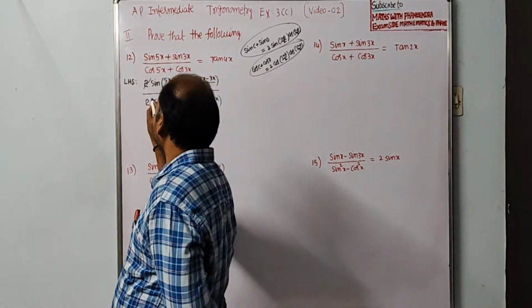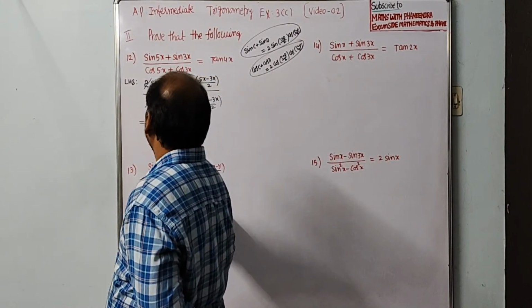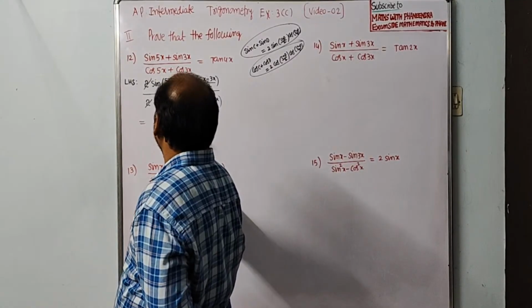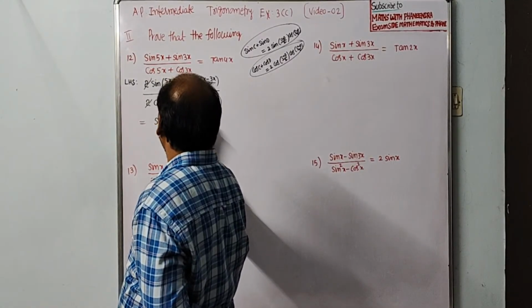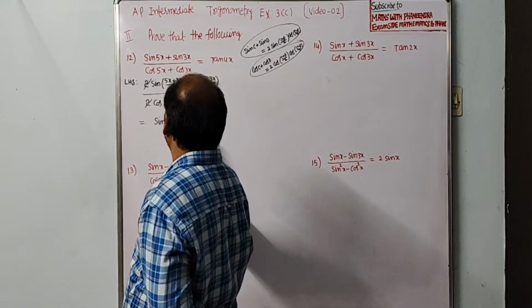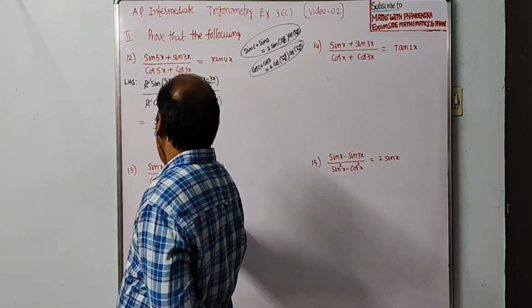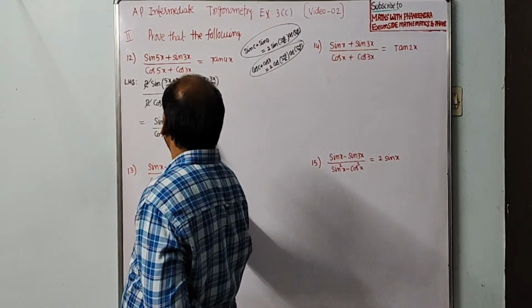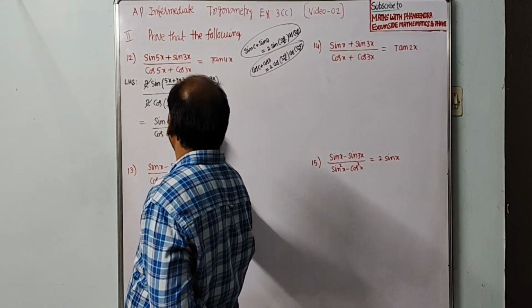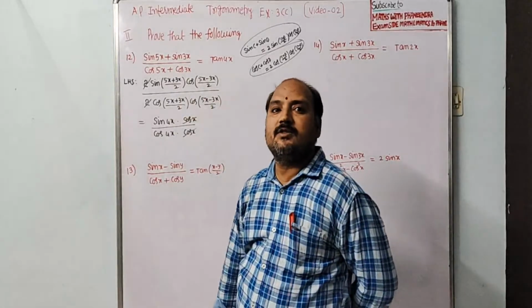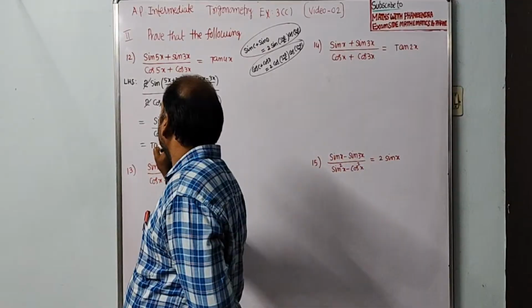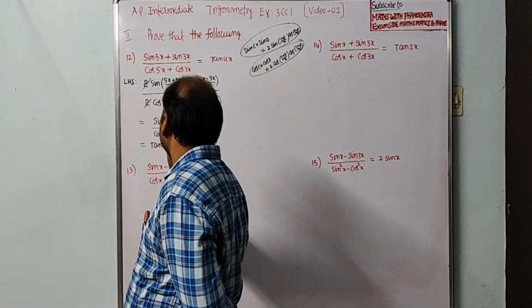So 2 get cancelled. Sin 8x by 2, 4x, into cos 2x by 2 is cos x, by cos 8x by 2, 4x, into cos x. Cos x also get cancelled. Sin 4x by cos 4x, tan 4x, which is required RHS.